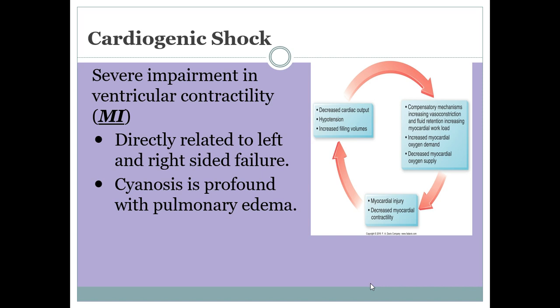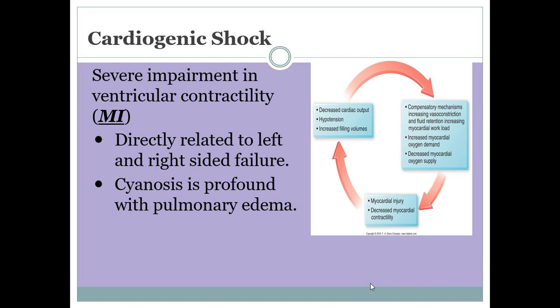So now we'll move into cardiogenic shock. This develops from a severe impairment in ventricular contractility. So what would cause that? An MI or anything that would cause decreased myocardial contractions.